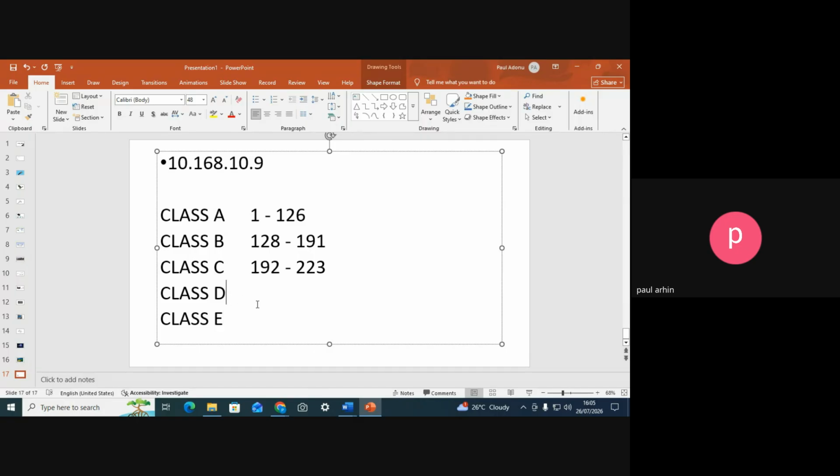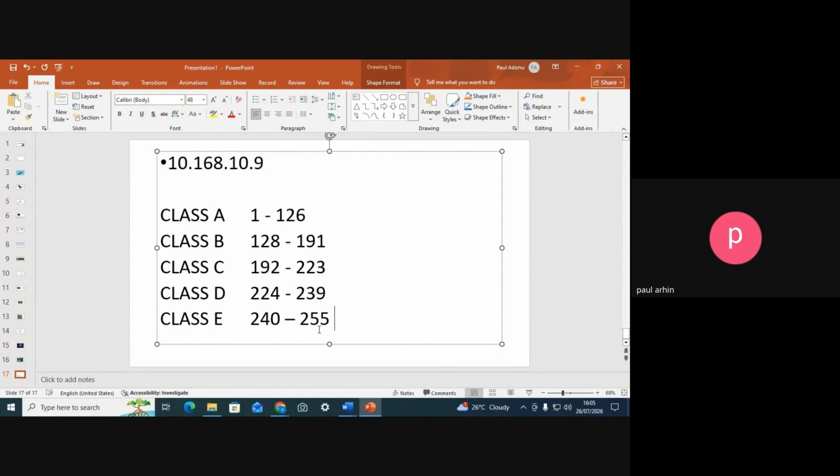In fact, class D is for the purpose of multicasting. That's from 224 down to 239. We don't use it in a normal network. It is usually used for a special purpose called multicasting. Then the last one, which is class E, is from 240, where it ended, down to 255.